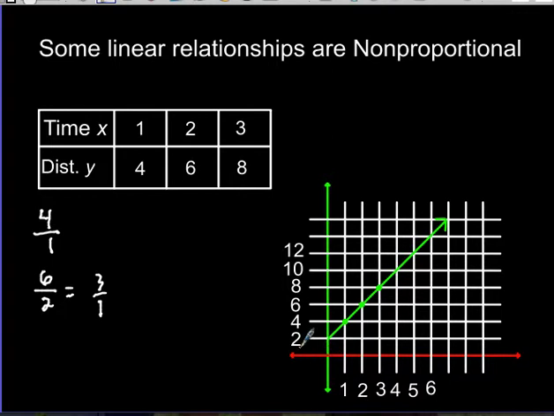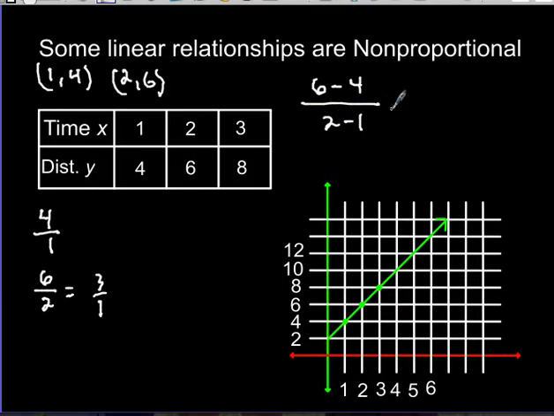And all straight lines have constant rates of change, right? So we can still find the rate of change. We find the rate of change by taking any two ordered pairs, so (1, 4) and (2, 6), and use our formula, y2 minus y1 over x2 minus x1. So 6 minus 4 is 2, and 2 minus 1 is 1.